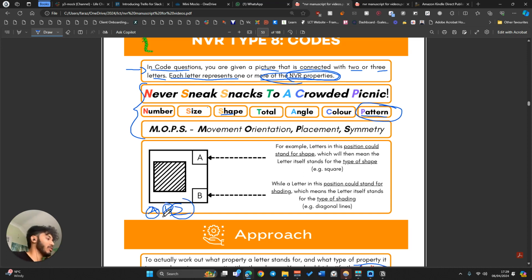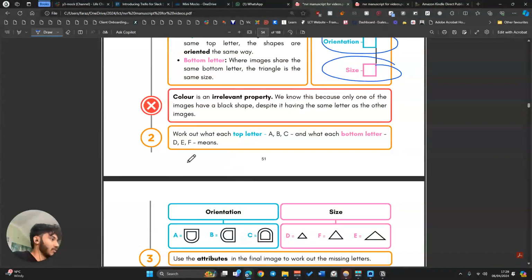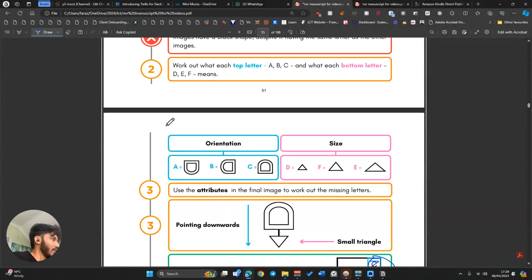And I wasn't able to find what the middle letter was representing, so I had to change my answer. But yeah, same idea as always. This position is representing a property, this position is representing a property, and the letter itself is representing what type of property that is. And that was the same with the 3-letter ones, like we did down there.